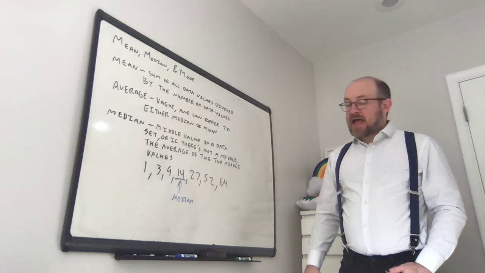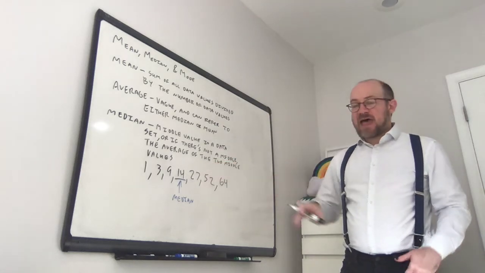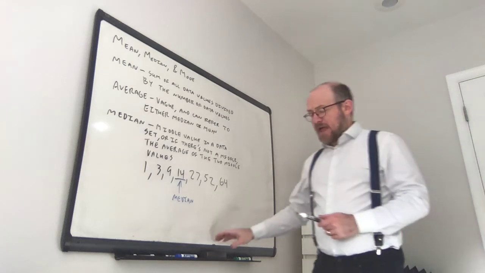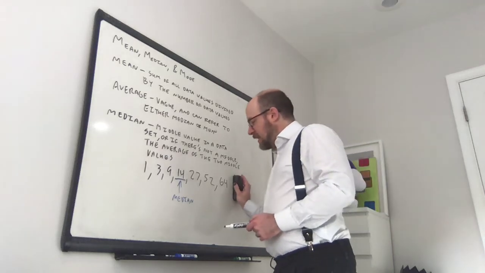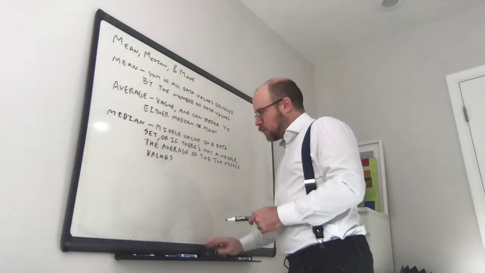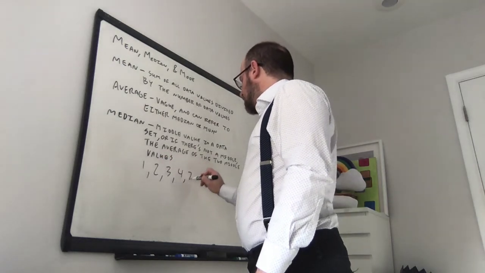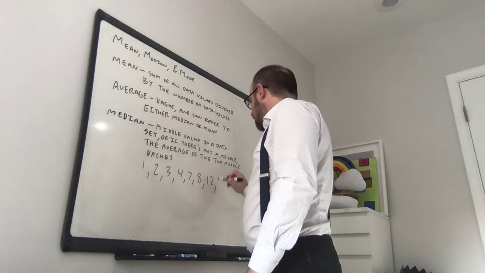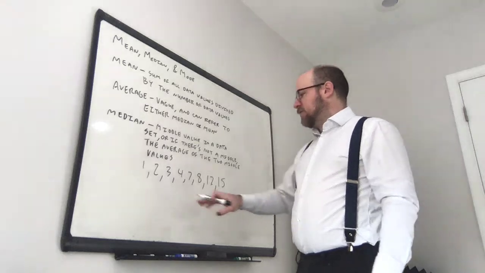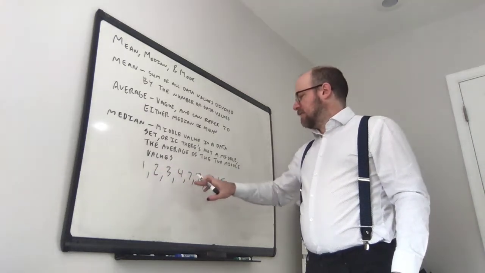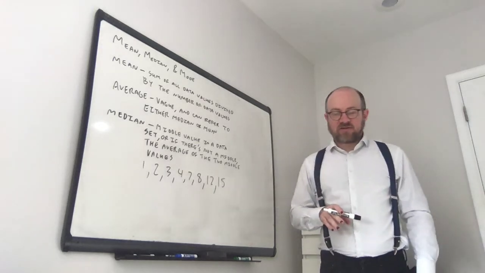Okay? Now, the other bit of language here, it says if there's not a middle value, the average of the 2 middle values, that's going to happen when we have an even number of values. So if instead of this list, we had the list of values 1, 2, 3, 4, 7, 8, 12, 15, if you count these up, 1, 2, 3, 4, 5, 6, 7, 8 values, what's the middle in a set of 8 values?